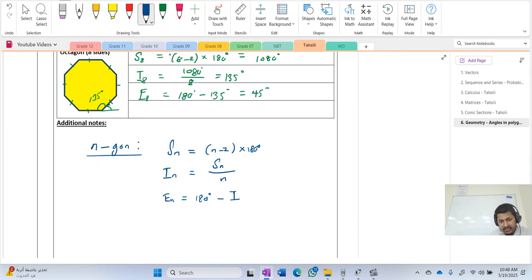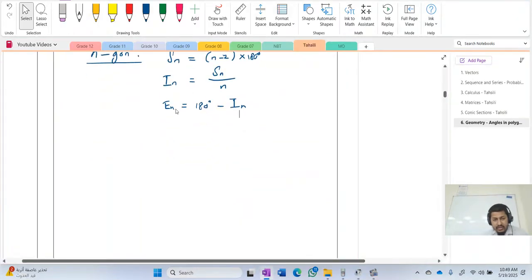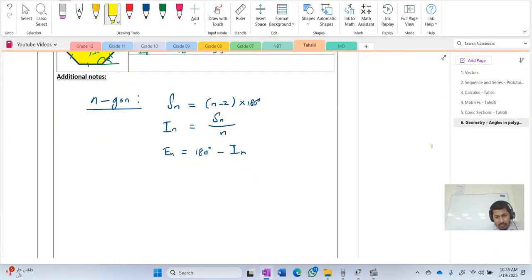Now I want to go further and see if I can use this to come up with an easier formula. This formula can be simplified as En is equal to 180 minus In, and In is Sn over n.